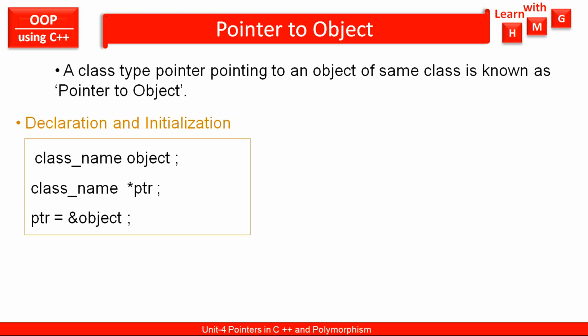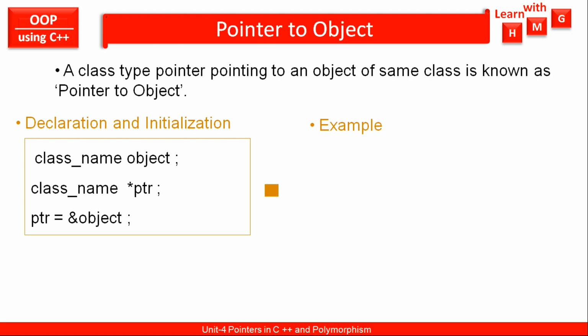So here the class name of object and the class name of pointer should be same, and then assign the address of object to pointer. So like this pointer will become the pointer to object. It is pointing to object because the address of object is stored in a pointer.